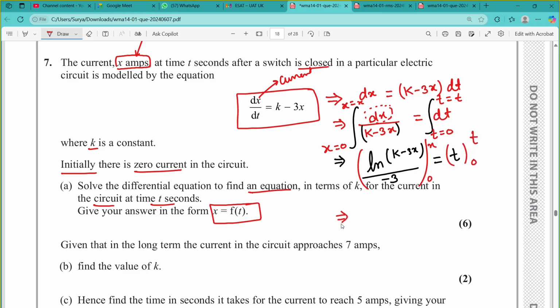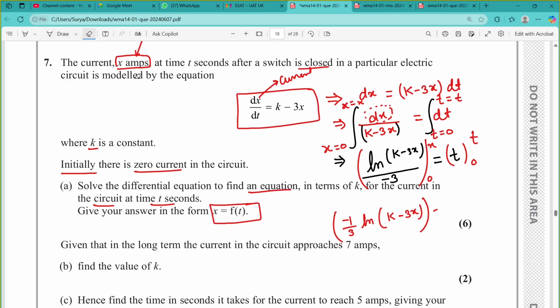So please calculate this. First you will put the upper limit. It should be minus 1 by 3 outside. We should write ln (k minus 3x), this is the upper limit, right? Minus the lower limit.